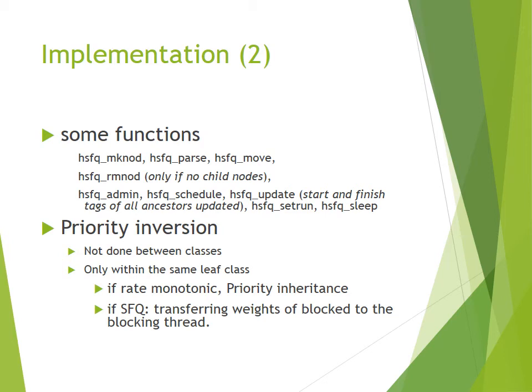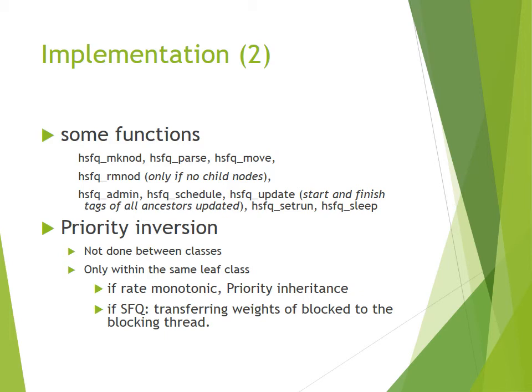There are two solutions. The first one is not allowing synchronization between classes. Synchronization between threads belonging to different classes is not desirable, since that may lead to violation of QoS requirements of applications. The second solution is allowing it only within the same leaf class.